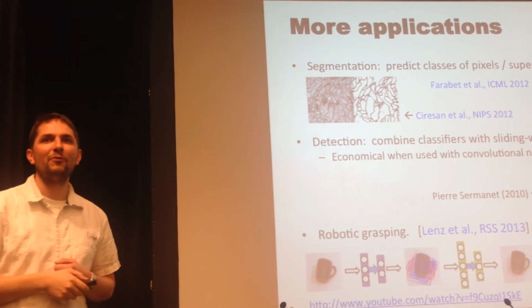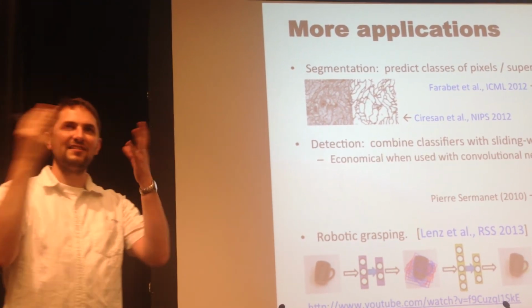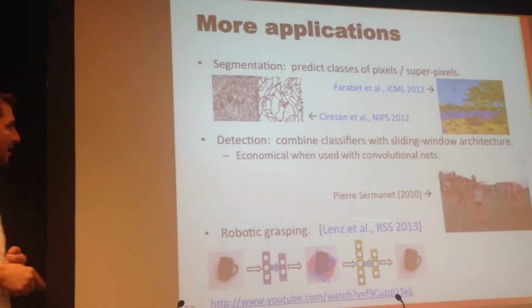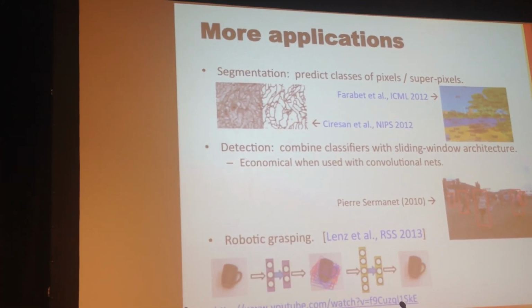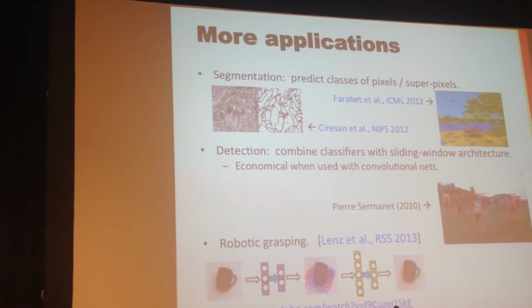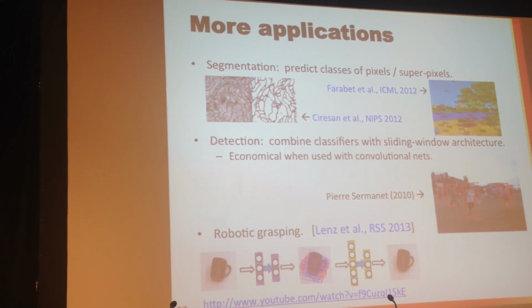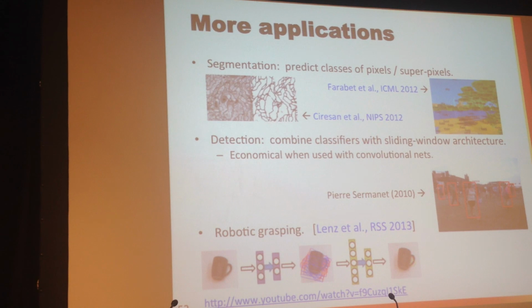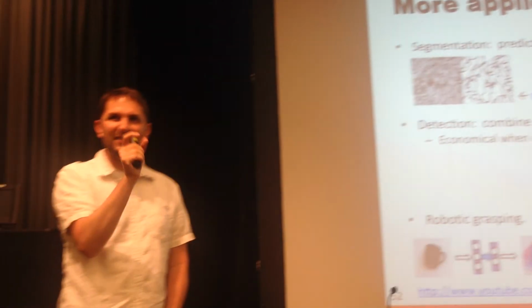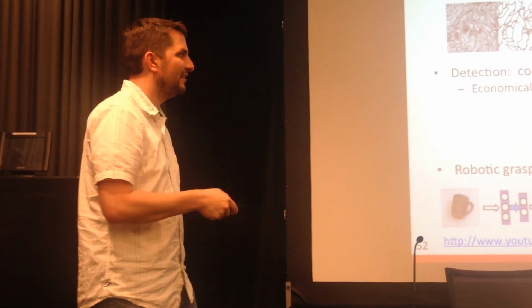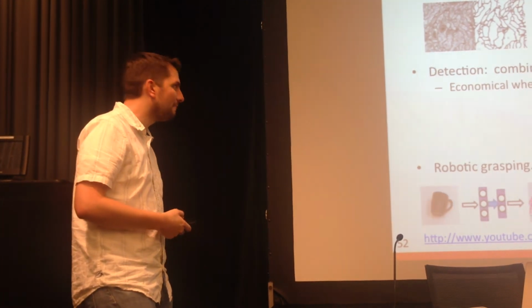And you can train a neural network to predict what you're seeing there, to segment a scene. Pierre Sermanet has done some really great work, has built some pretty awesome pedestrian detectors. Give your neural network a whole bunch of examples of what a person looks like when they're standing up. Tell your neural network to look at each piece of the image and ask, is this a person? And you can make a pretty good pedestrian detector out of that.